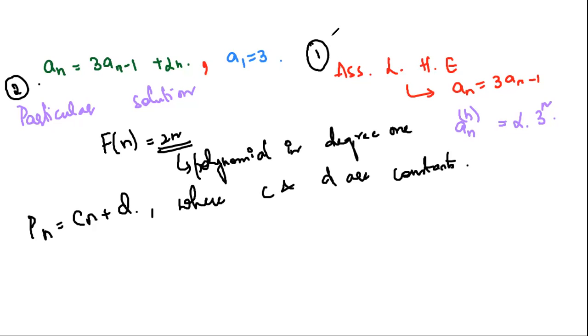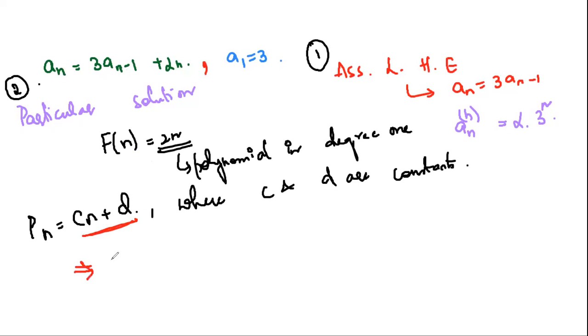Let me just write it over here. an is being replaced by this value, nothing complicated. If we have an, we will write cn plus d. If we have an minus 1, we will write c into n minus 1 plus d.